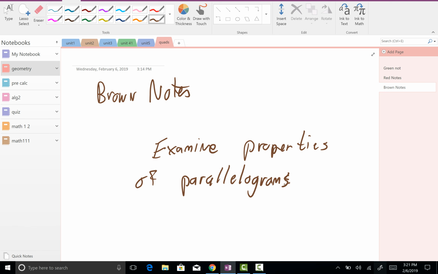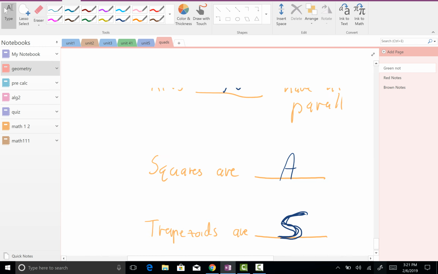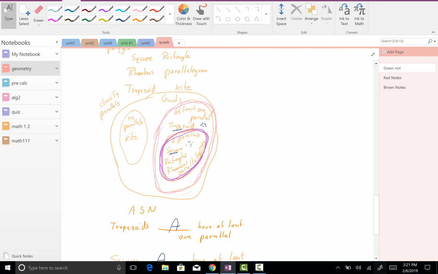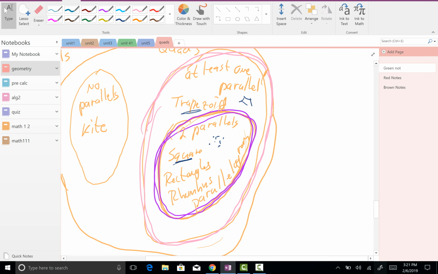Right? And one of the things that we should have noticed, let's go back and see if I can find that. So when we looked at this classification of parallelograms by parallels, we should have noticed that parallelograms have squares, rectangles, and rhombi all in the same classification.